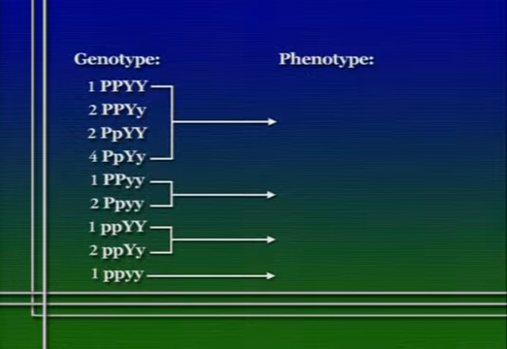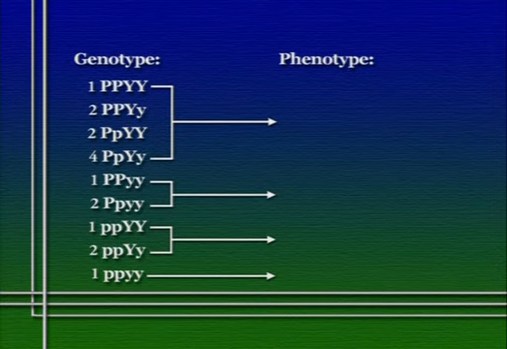For example, let me try to make this clear by giving you some specific numbers. If you had two genes on different chromosomes and you did a dihybrid cross, such as we did with flower color and seed color, and you sampled some individuals in the F2 generation to make it work out evenly, let's say you looked at about 160 individuals, you'd expect a 9 to 3 to 3 to 1 ratio.